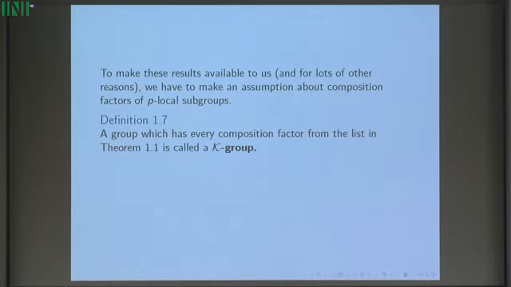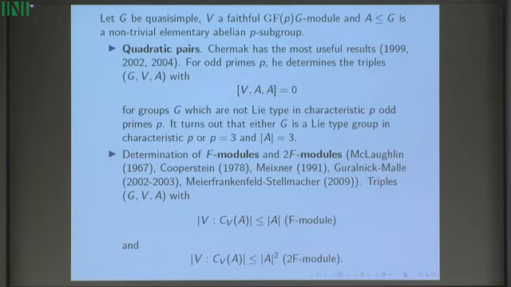Okay. So there's a problem. Right? These results actually use the classification. They say, suppose I'm looking at a group of Lie type, or suppose I've got a sporadic simple group, and I've got a module of this type, then this happens.